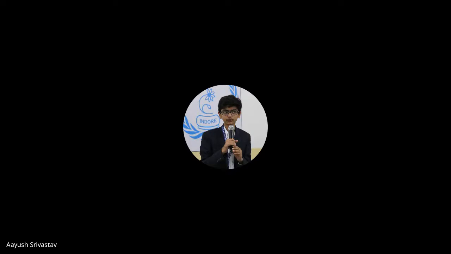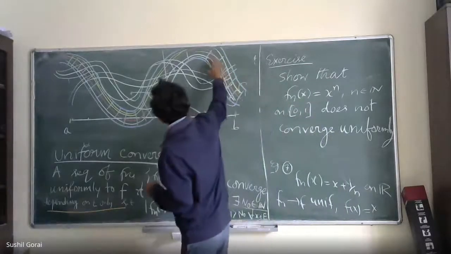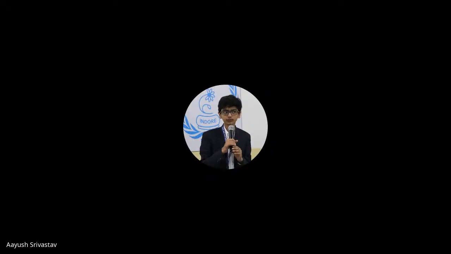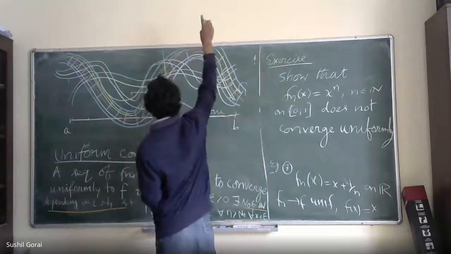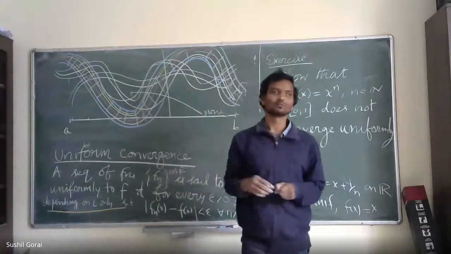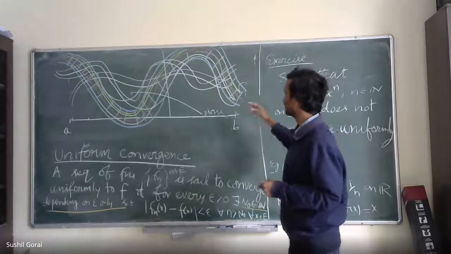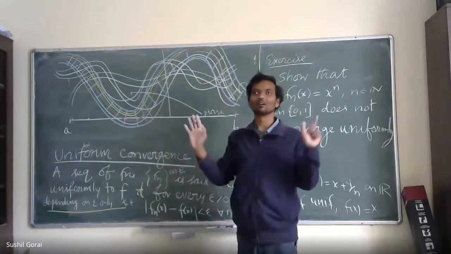So basically, the f values after a certain n become concentrated in an epsilon neighborhood of the whole graph, at every point. In pointwise convergence, we won't have that. At some point it might be close, at another point it might not be close, so you might not get an n after which it will be concentrated here. This may not happen.